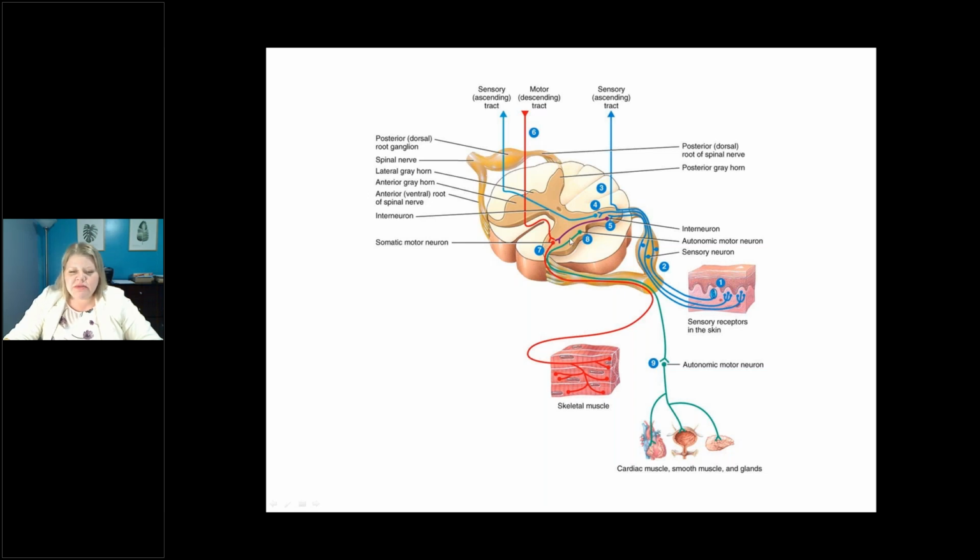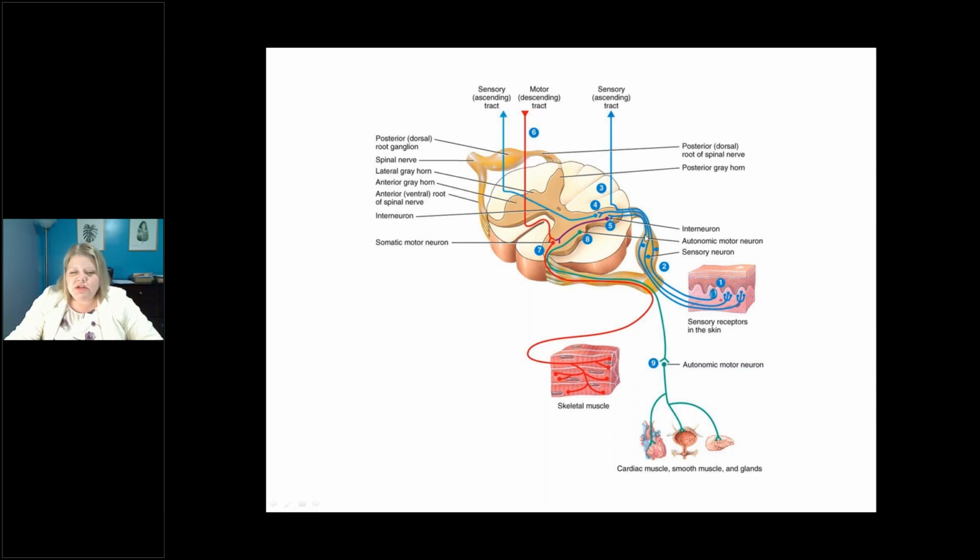The synapses on the motor neuron are happening at the anterior gray horn. But I also want you to note that within the spinal cord itself, you're having synapses on interneurons and also crossing over the spinal cord, okay, so that the messages actually reach the opposite side of the brain.